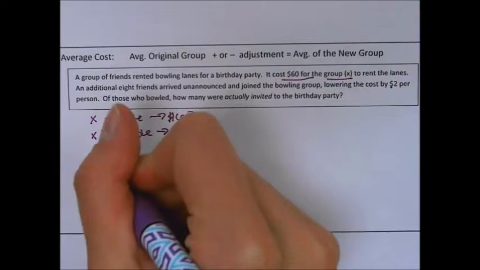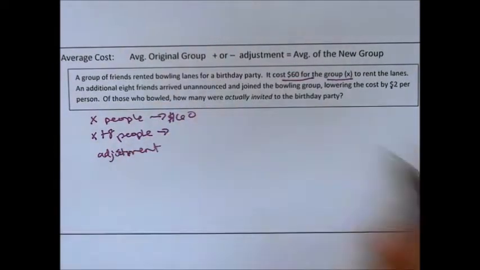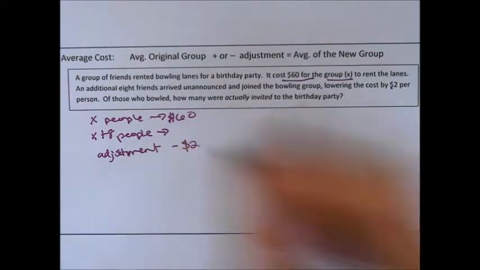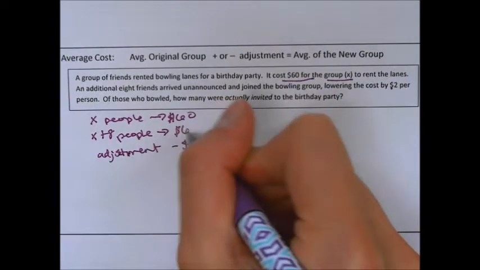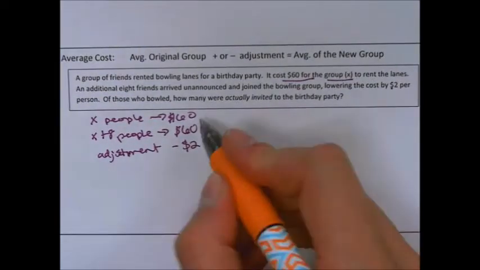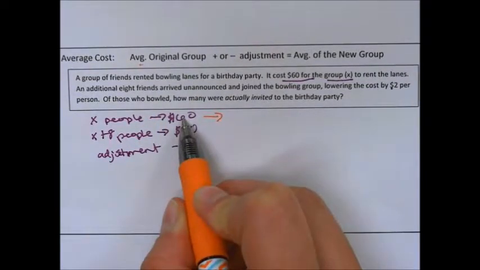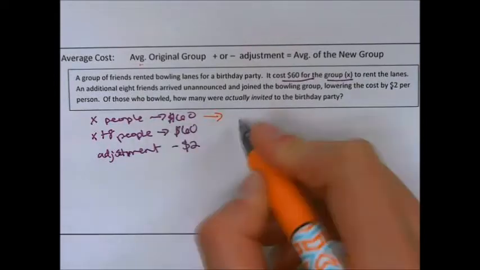So our adjustment is minus $2. And this was still $60. All right, so what was the average of the original group? Well, the original group split $60 by X people.